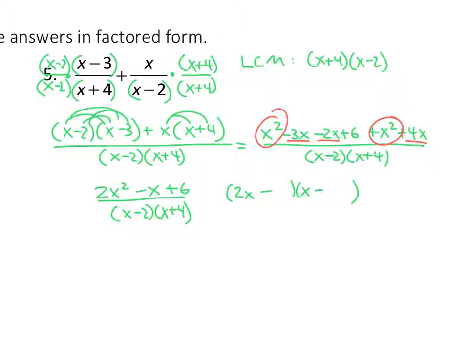A 6 here and a 1 here, I get negative 6x and negative 2x, and that's still not going to work. So I think I'm out of luck, and this just isn't going to be factorable, because even if I switch those around, that's still not going to work. So that tells me that this is as far as I could go, and that's my simplified answer.